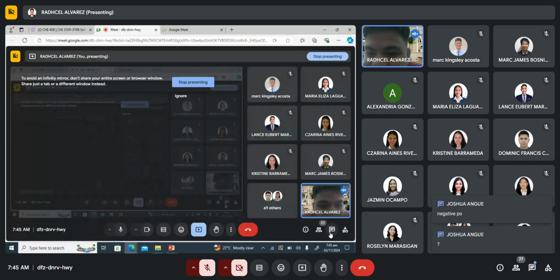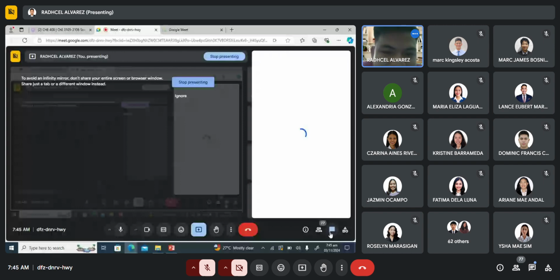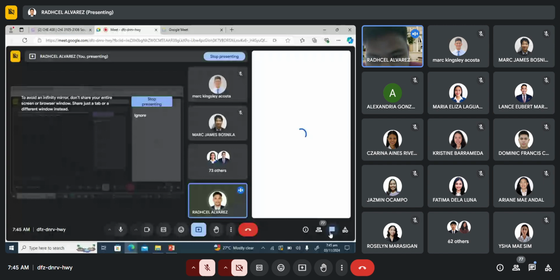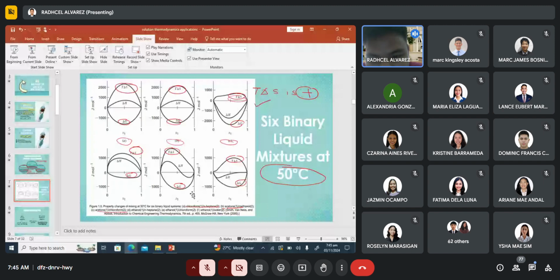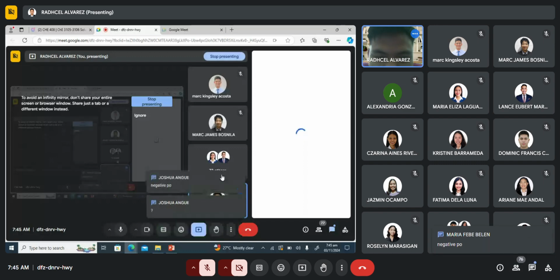Okay, pwede niyong ilagay sa comment kung nahihiya magsalita. Titingnan ko na lang. Ayan. Paki-comment ng inyong observation. Ano kaya yung na-observe nyo sa value ni delta G?